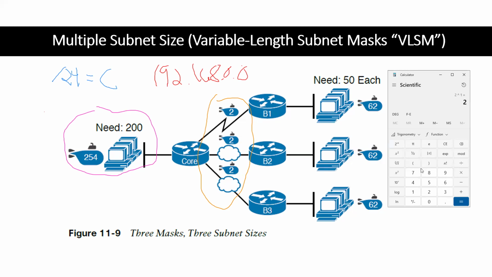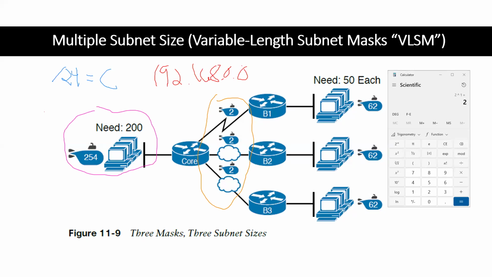But with one of the rules of subnetting, if we looked at our binary calculator, this would mean we would have 2 host bits, and that means we would be able to allocate IP addresses for one side and the other. So it would be a slash 30 in CIDR notation.